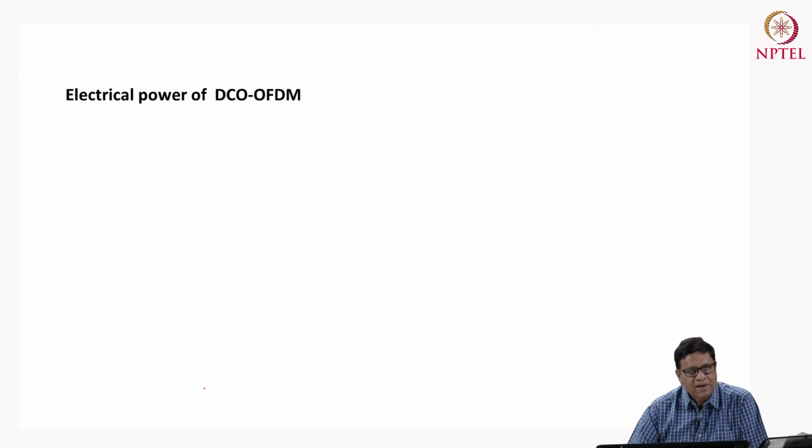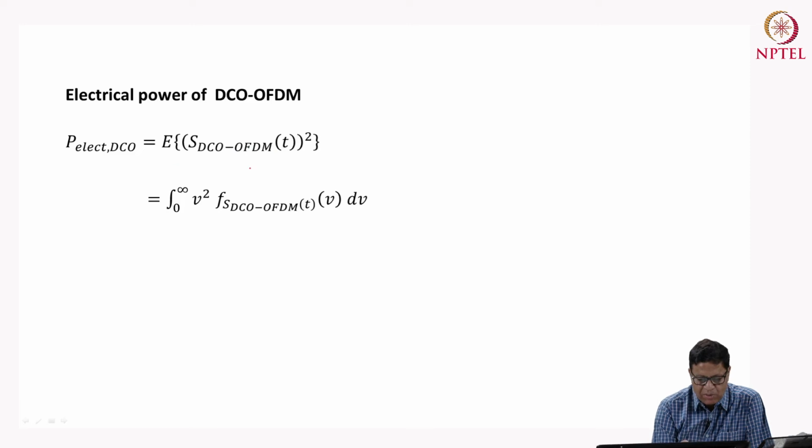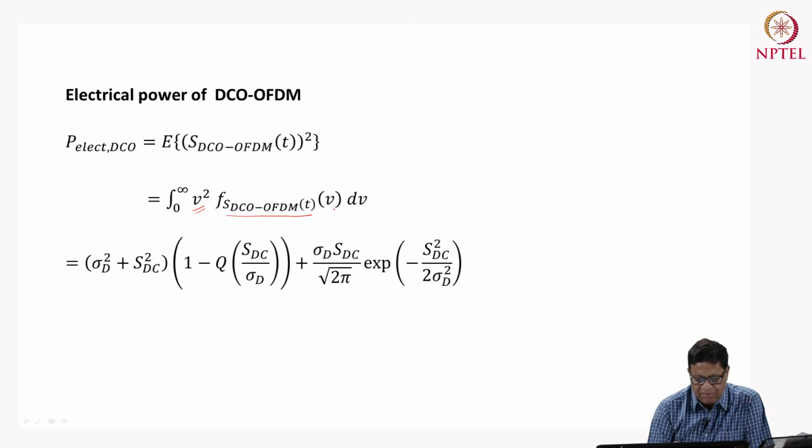And earlier was the optical power. If I calculate the electrical power of DCO-OFDM, this will be given by the expected value of the square of the DCO-OFDM signal. For evaluating this, it will be v squared into the power spectral density into dv. If I evaluate this integral after putting in the power spectral density for the DCO-OFDM signal, I get this expression.